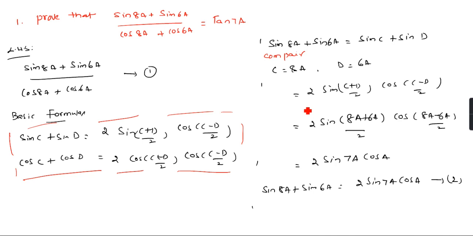We substitute C and D, and we get 2 sin 7a cos a.